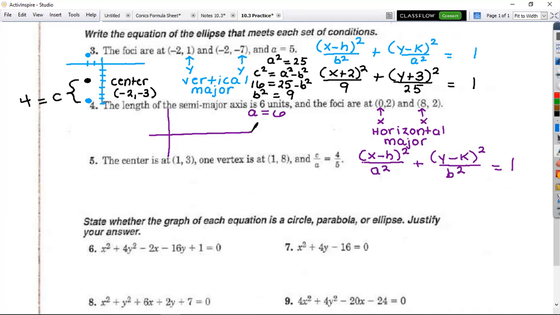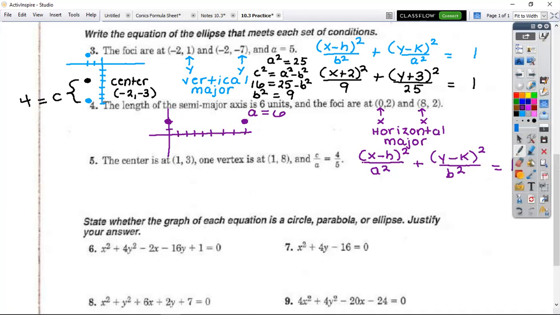And I'm going to plot (0, 2) and (8, 2). I'm immediately going to go right in the middle, halfway, and that is going to be my center, right here.